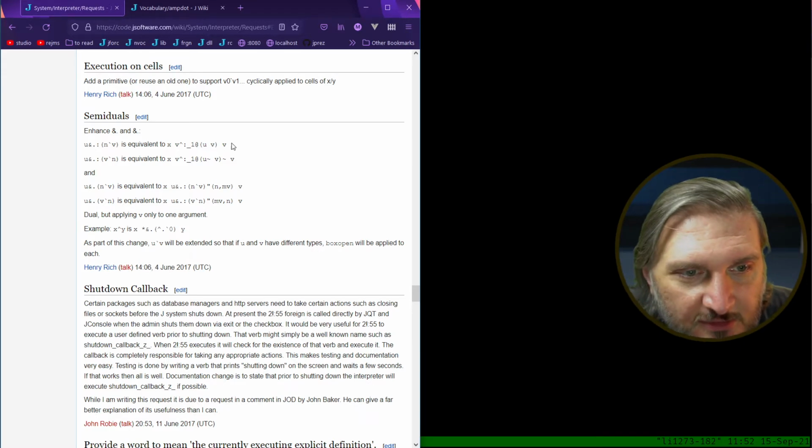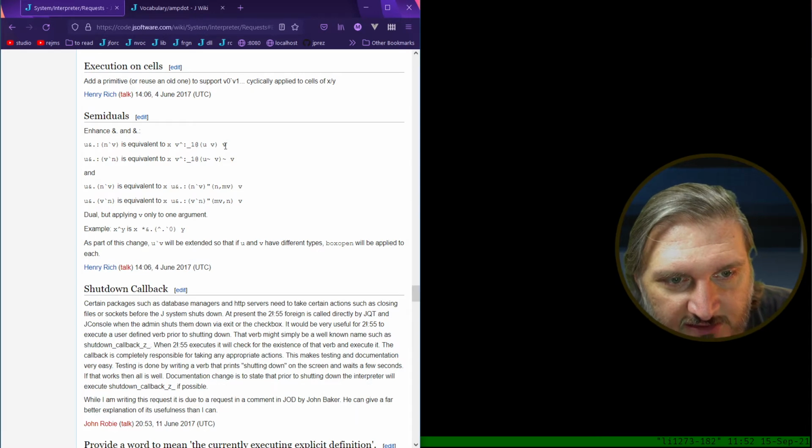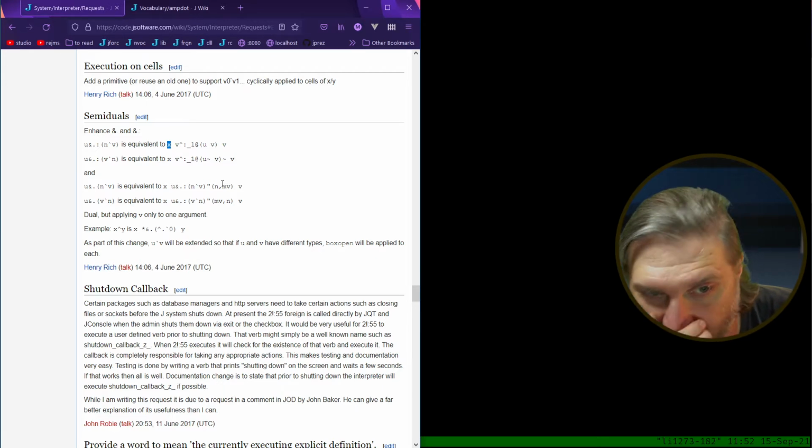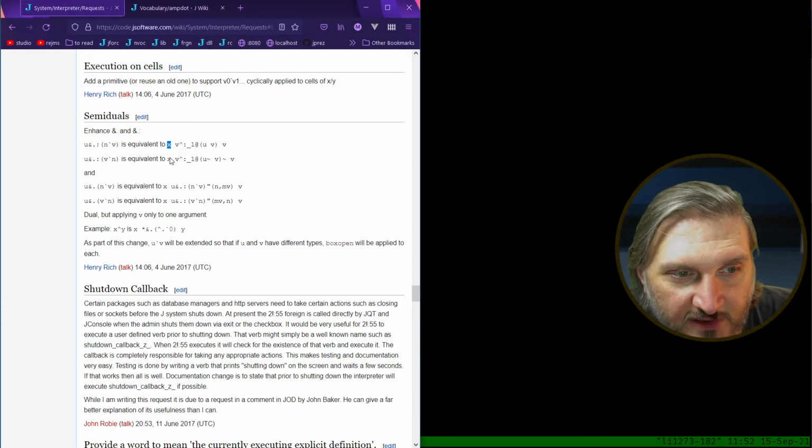This is making the right argument a verb. Then there is another verb. And then there is a noun. So this is a fork whose left argument is x, or whose left tongue is x, right?